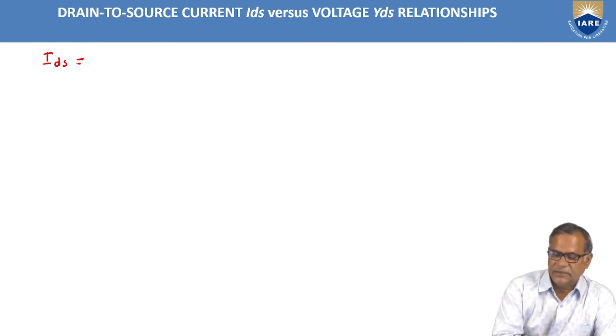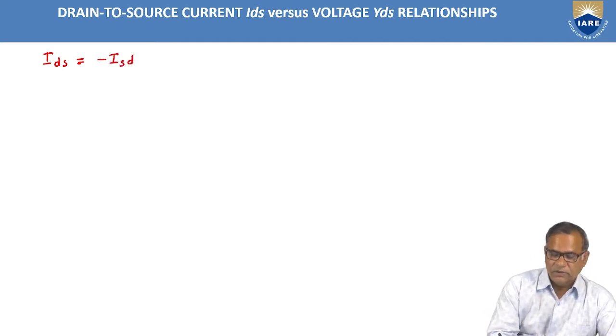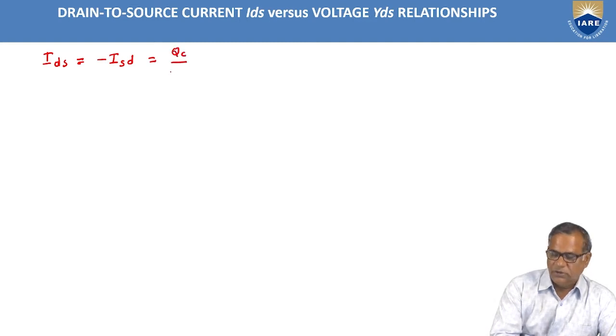So IDS is equal to minus ISD. So this is equal to the charge developed divided by the transit time, that is nothing but QC divided by tau SD, where tau SD is the transit time. So this is equation 1.